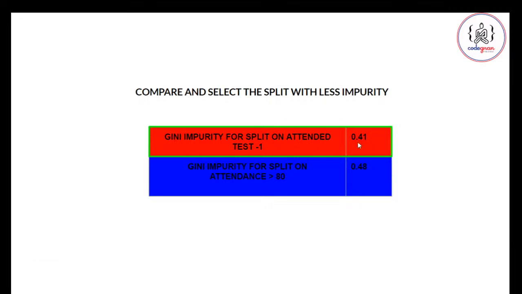All right, so we are going to consider this as our first split. Then this process is repeated until your tree has been grown fully. After each split, this is the same process which is going to be repeated again and again till you have a full grown tree.